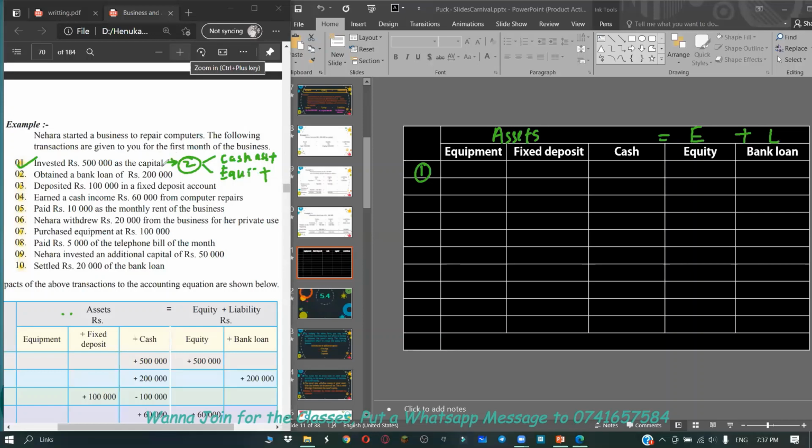So 500,000 as the capital. So cash asset will be increased by 500,000. Yes. So what is the other impact? Like I said earlier, equity will also get increased. Okay.